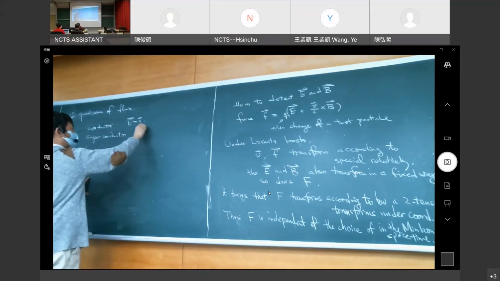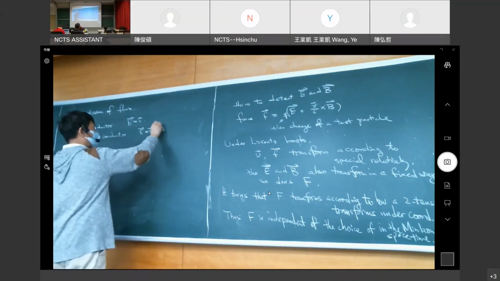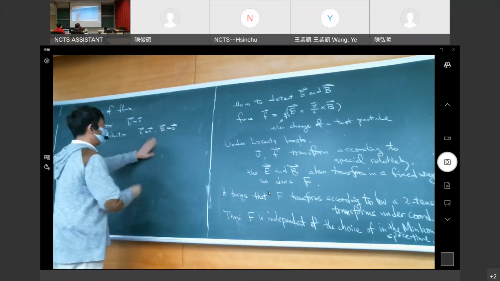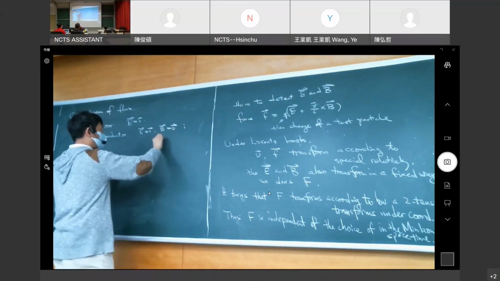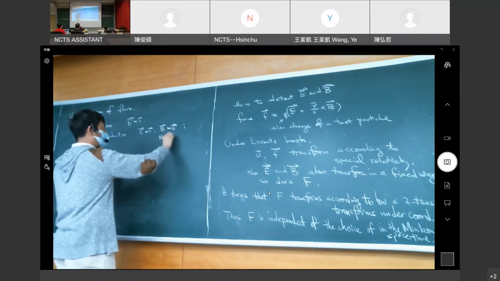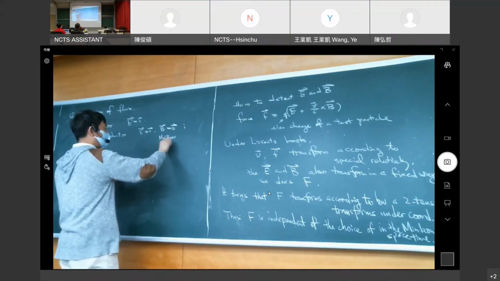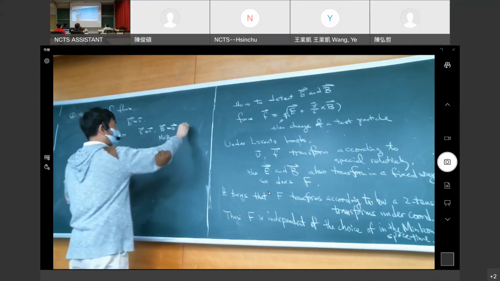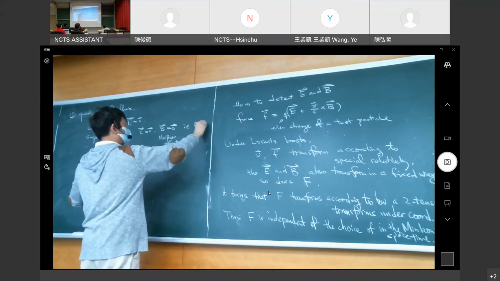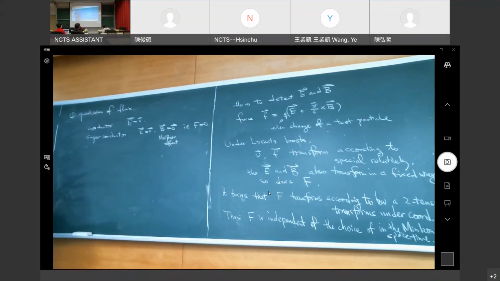Inside a superconductor, not only is E zero, but also B is equal to zero. That is called the Meissner effect. And both E and B equal to zero means our F is equal to zero. So in the superconductor, F is equal to zero, so the connection is flat.